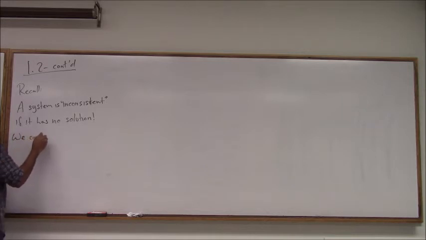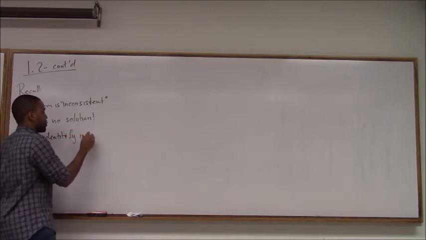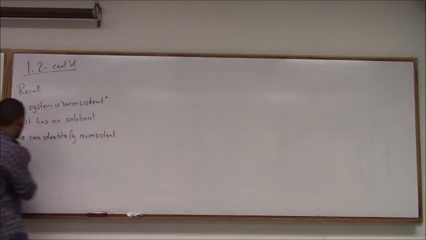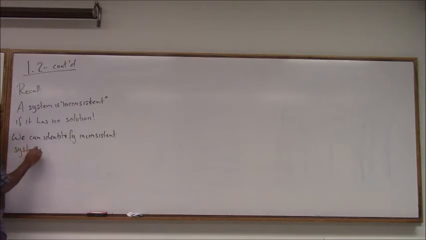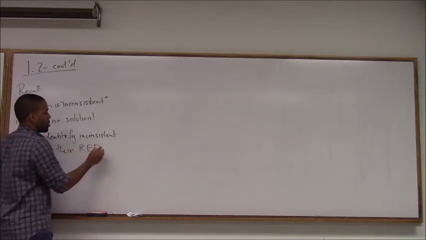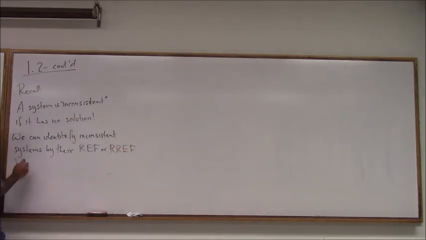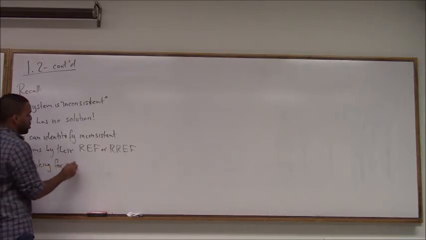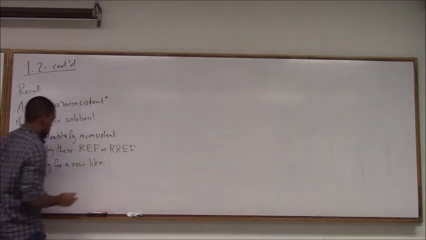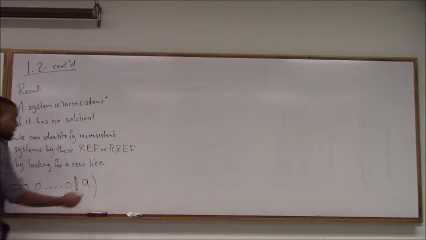We can identify inconsistent systems by their row echelon form or their reduced row echelon form, by looking for a row where there are zeros everywhere, but on the other side of the equation, there's a number that is not zero.